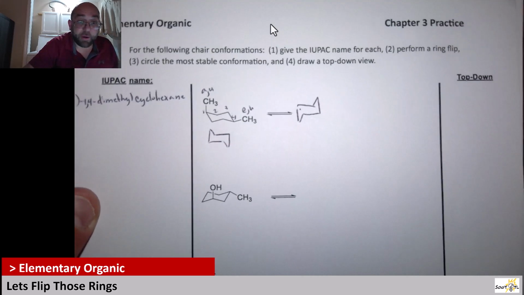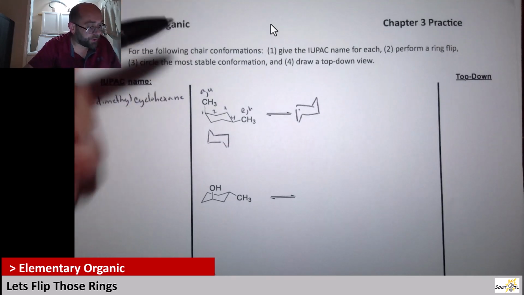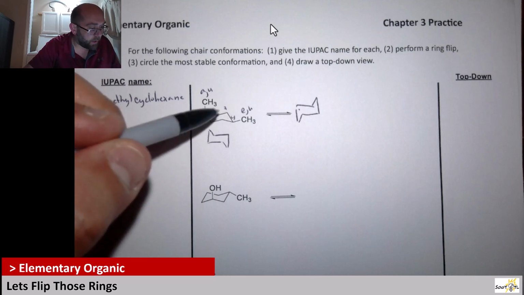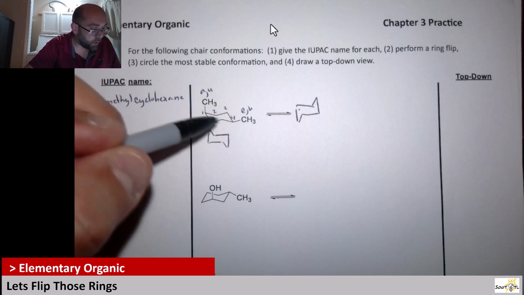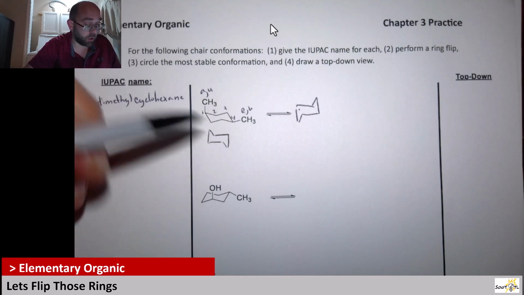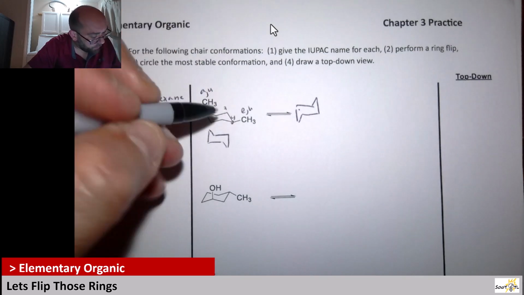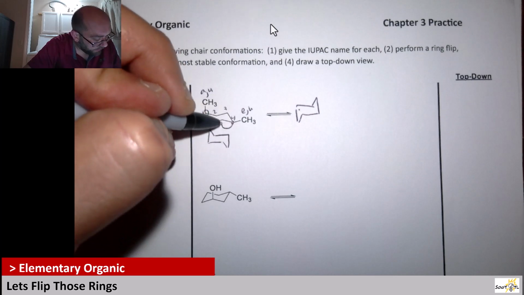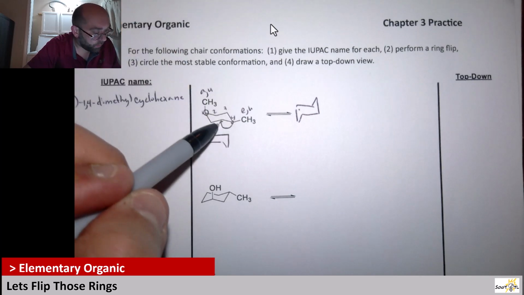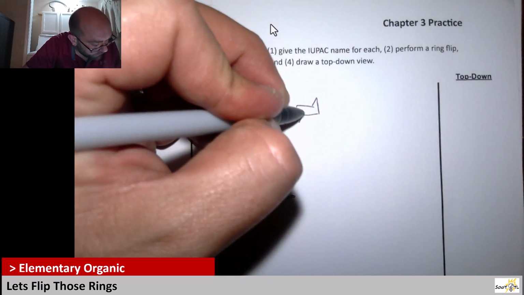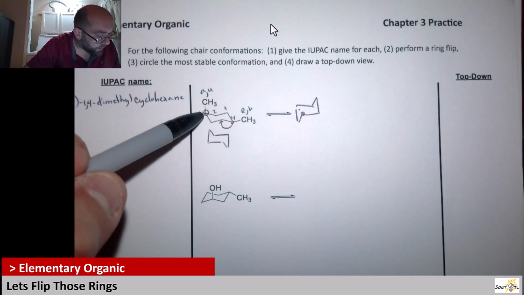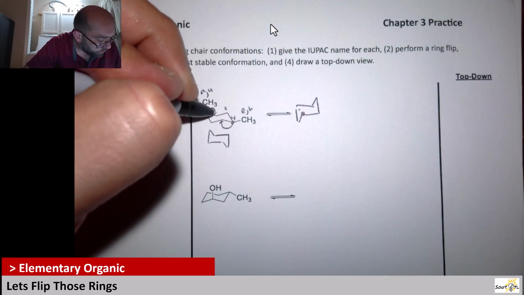All right, so from here, what you're going to do is you're either going to rotate every carbon one position clockwise or one position counterclockwise. So I'm going to rotate everything clockwise. I'm going to label this one as the dot, so it would go here, meaning it's going to be in the bottom middle. So that would be this position right there. And then I'm going to rotate this one the same direction, one position there.